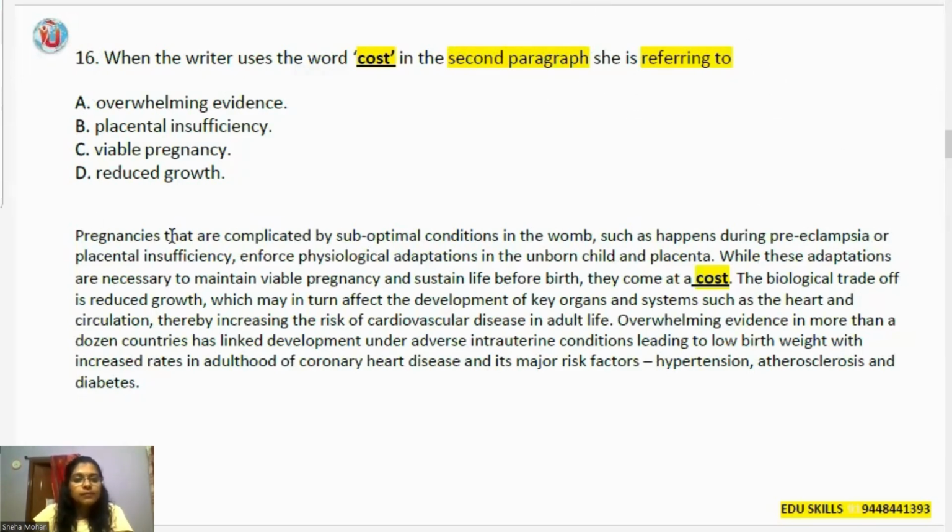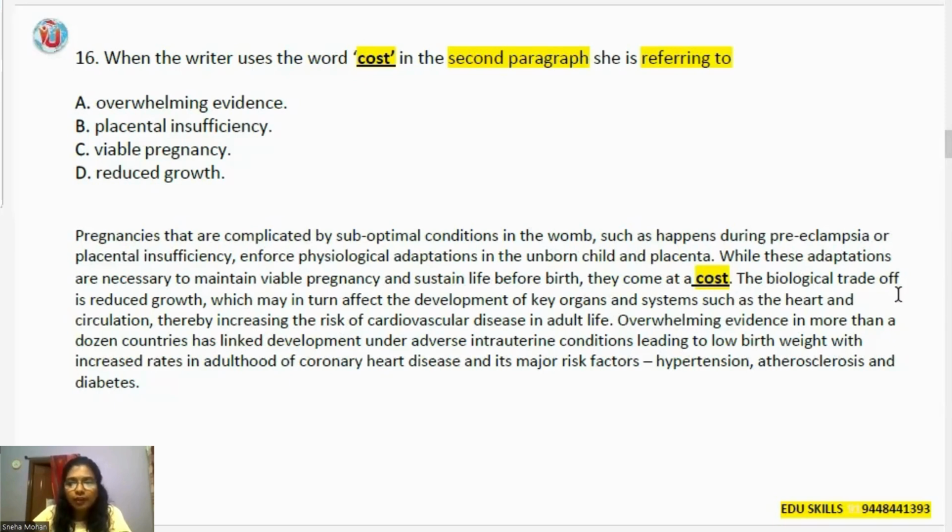The text says, pregnancies that are complicated by suboptimal conditions in the womb, such as happens during preeclampsia or placental insufficiency, enforce physiological adaptations in the unborn child and placenta. While these adaptations are necessary to maintain viable pregnancy and sustain life before birth, they come at a cost.